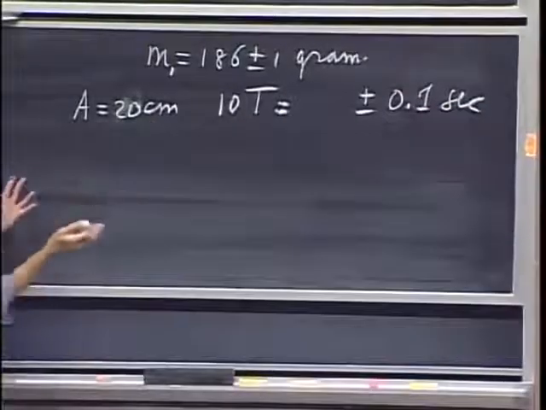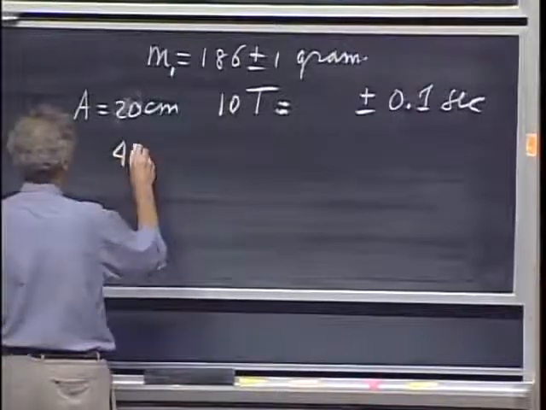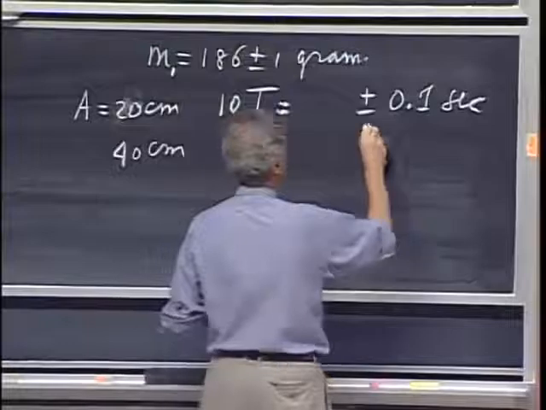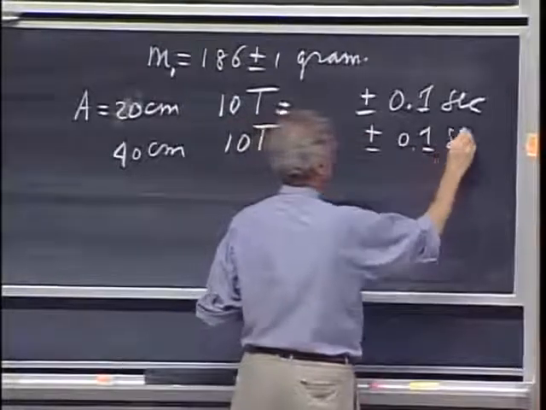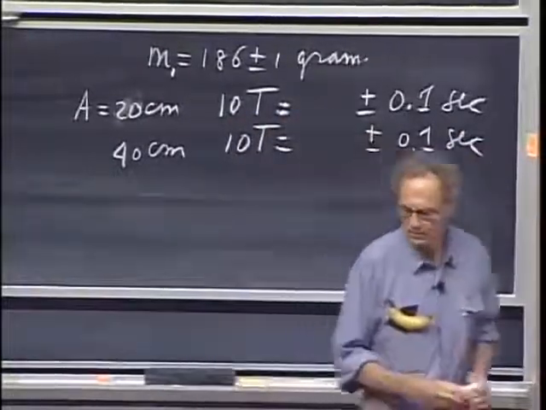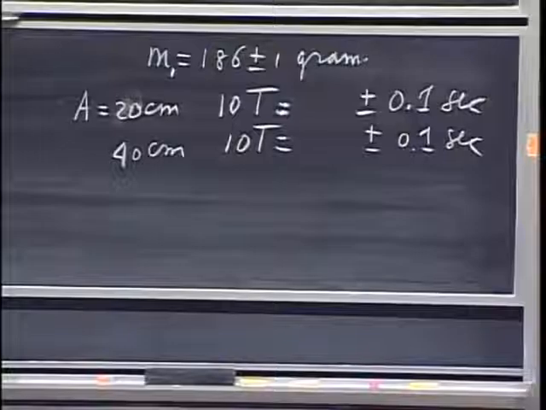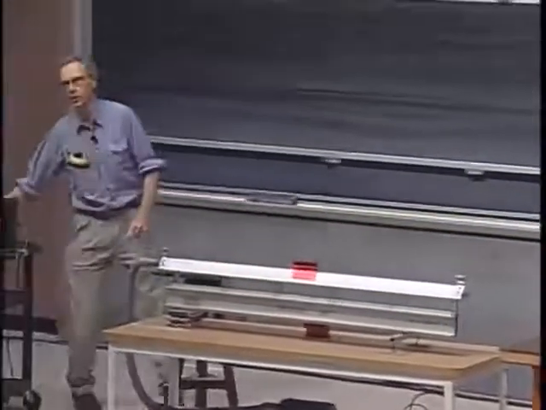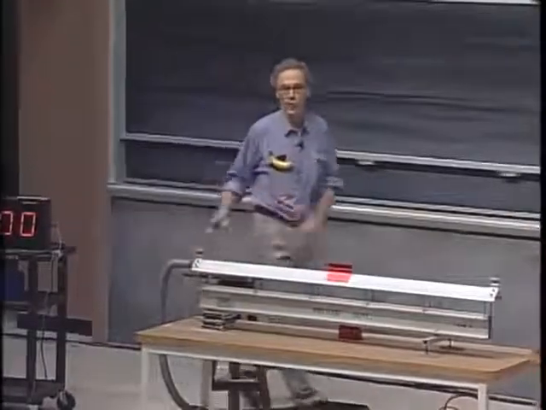That's about the reaction error that we all have, roughly. Then I will do it at 40 centimeters. We get a 10T, and we get, again, plus or minus 0.1 seconds. And we'll see how much they differ. They should be the same if this is an ideal spring, within the uncertainty of my measurements.